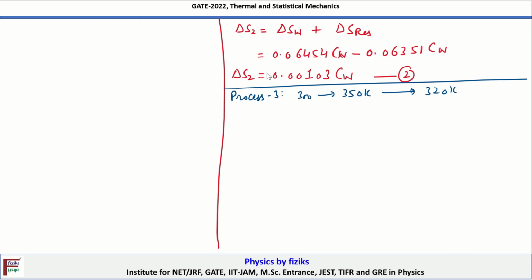So for the water again, the initial and final equilibrium states are the same. Its initial equilibrium state corresponds to 300 Kelvin, and the final equilibrium state corresponds to 320 Kelvin. So the entropy change for the water in this case, delta SW, is again the same, equal to 0.06454 CW. It's not going to be a different situation.